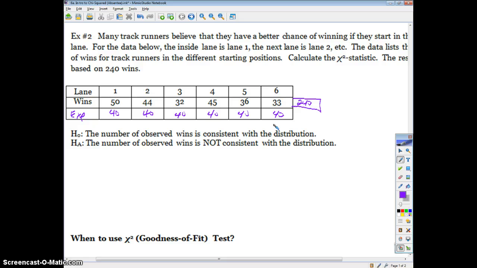Now we could check the conditions, which we should, but I didn't. But nonetheless, we have categorical data. Yes, even though lanes 1 through 6 are numbers, they are labels. So we have categorical data.